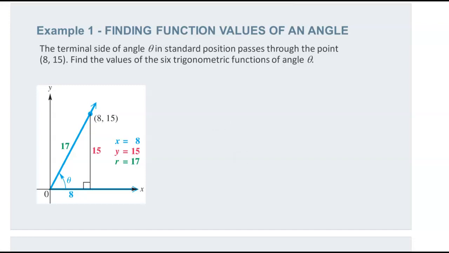So this length here is r. So r was the square root of x squared plus y squared, or r is the square root of 8 squared plus 15 squared. Plug that into your calculator and you'll get that r is equal to 17.